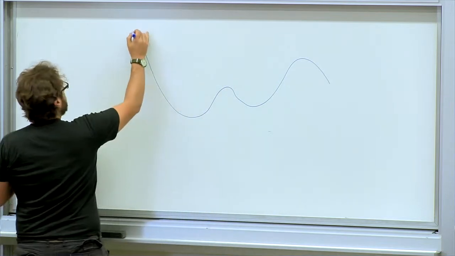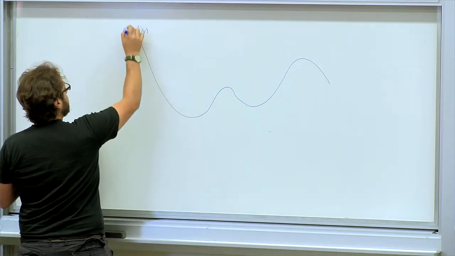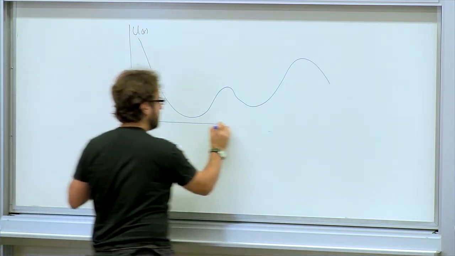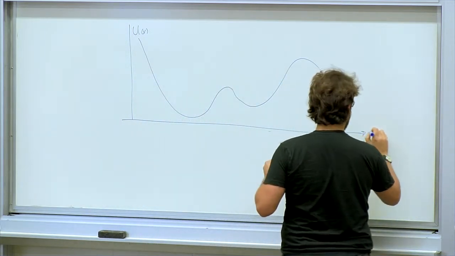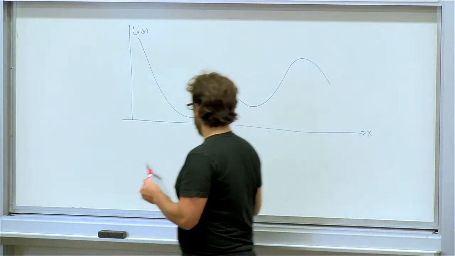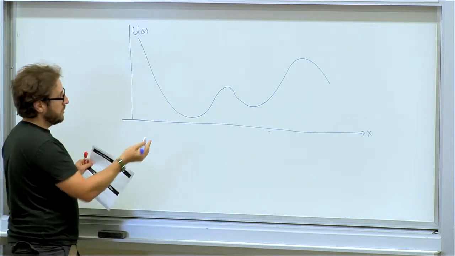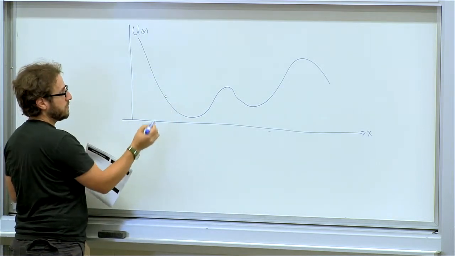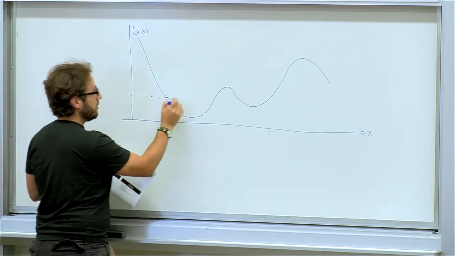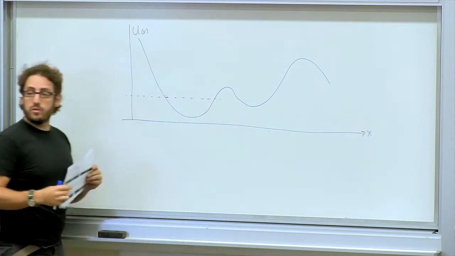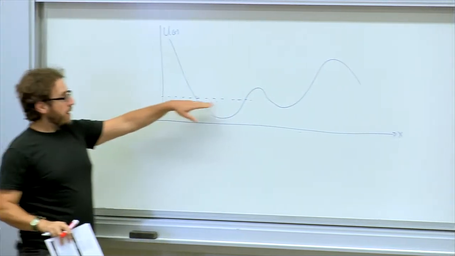Okay. So this is U of x versus x. Then, if you had a particle that started here, that particle would never be able to escape this well, right? Why does that mean?